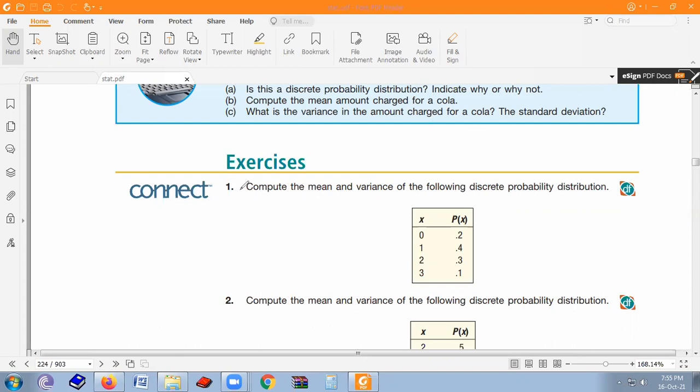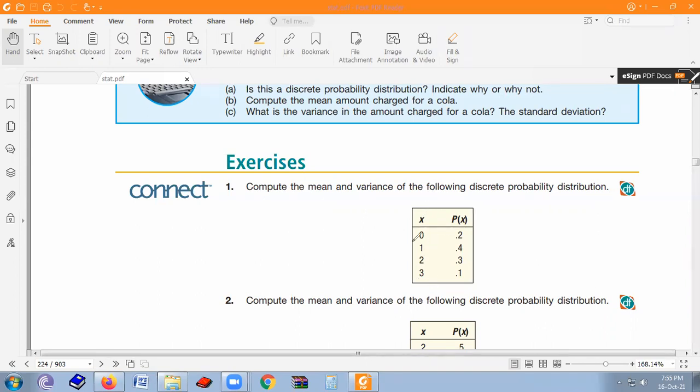So the first exercise: compute the mean and variance of the following discrete probability distribution. We'll find the mean, variance, and standard deviation from this discrete probability distribution. They mentioned it is discrete because x takes the discrete values 0, 1, 2, 3.